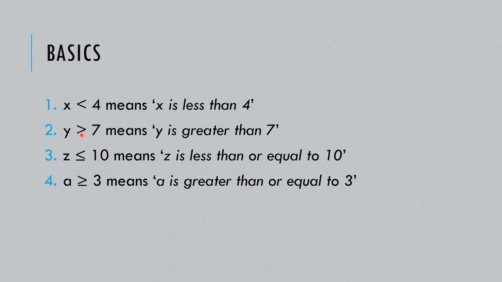Now this means y is greater than 7, means 8, 10, 1000, 2000, anything. This means z is less than or equal to 10. That means it can be 1, 0, 10, minus 10, anything. And this means a is greater than or equal to 3. So it can be 3, 5, 10, 20, anything.